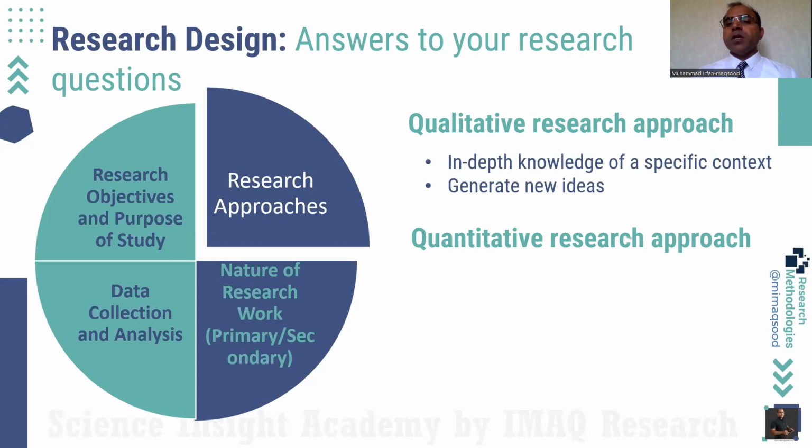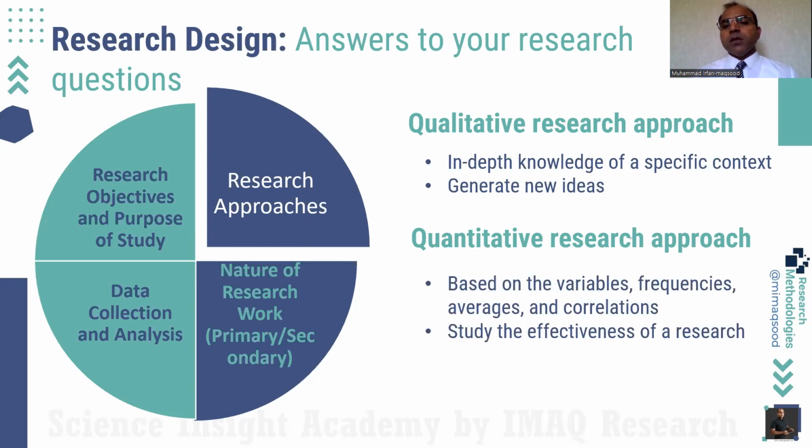In qualitative research, you go into in-depth knowledge of a specific context, and this approach also helps to generate new ideas and new concepts in the research. For example, behavior studies, or some kind of biological or pharmaceutical research, meaning entirely new things. In quantitative research, you are working with variables, frequencies, averages, correlations, and generally this approach is applied to study the effectiveness of our research.